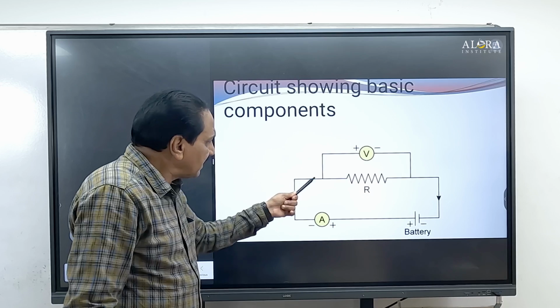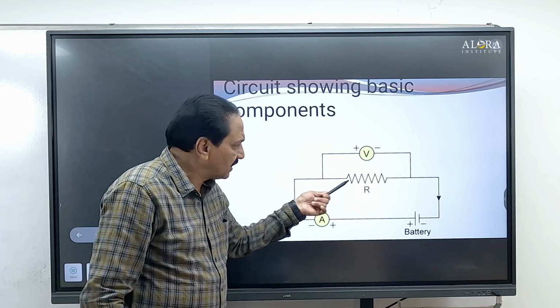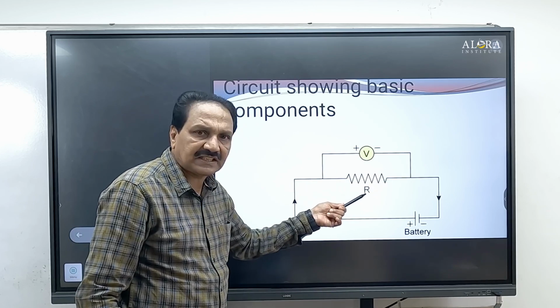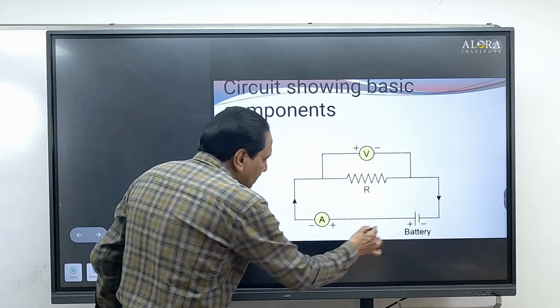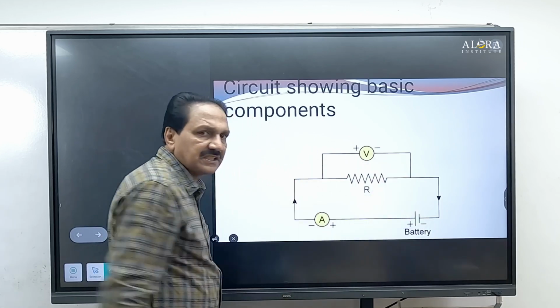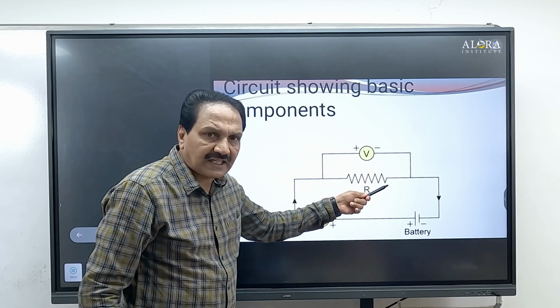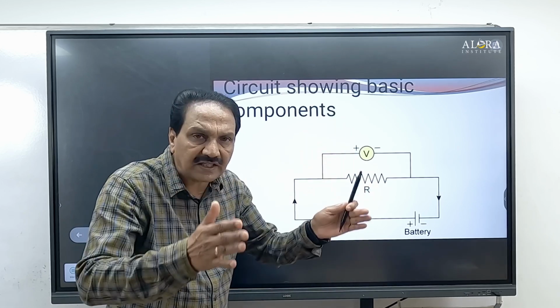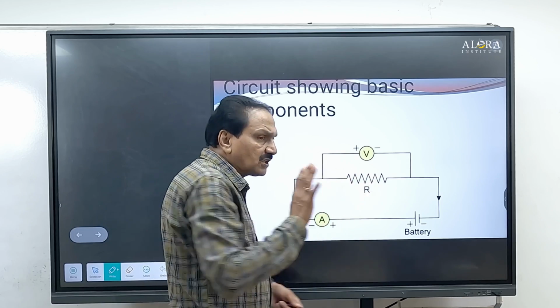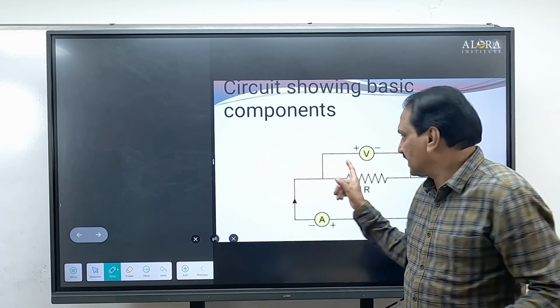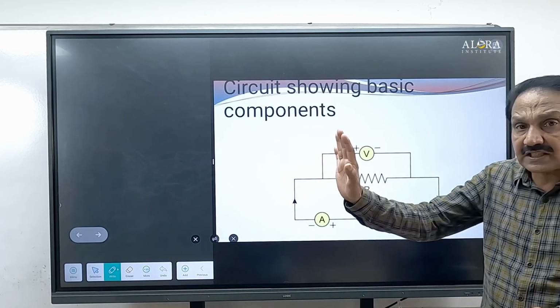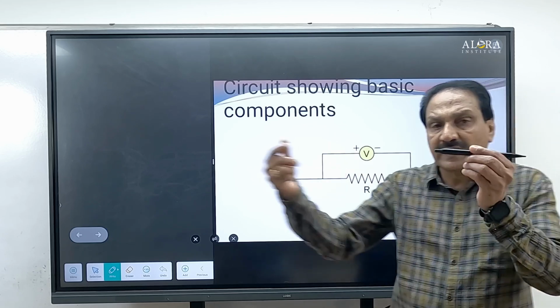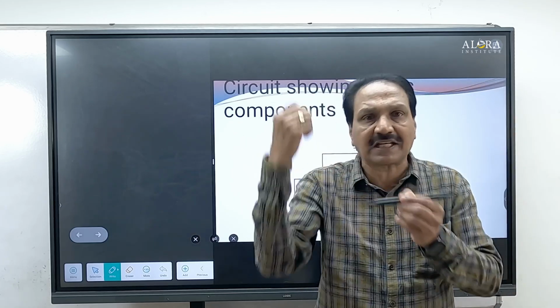When it is connected between the ends of a conductor whose resistance is R, the current starts flowing through this resistance. When the current flows through the resistance, there is a loss of energy because the resistance offers opposition.